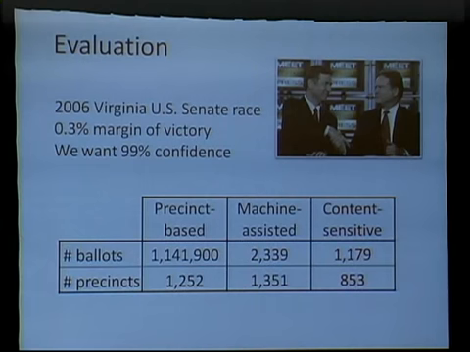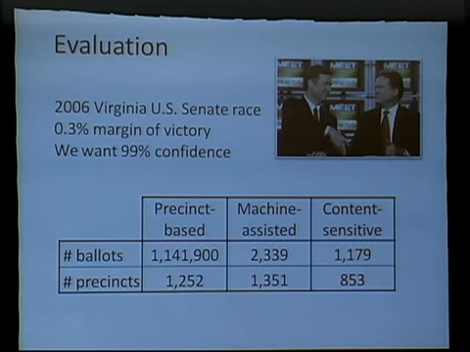So using this technique, we can do much, much better than existing election auditing techniques. In an actual race, this is the 2006 Senate race in Virginia, which had only a 0.3% margin of victory.